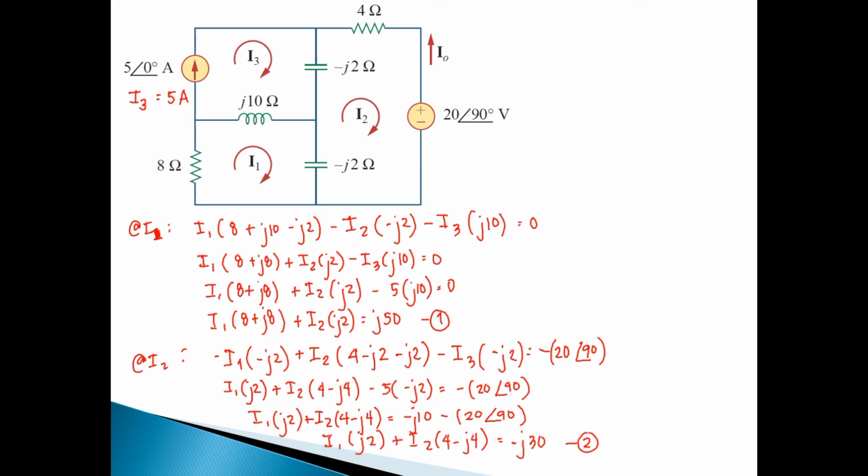You can see that the second equation gives I1 equal to negative I2 times 4 minus j4, minus j30, all over j2.